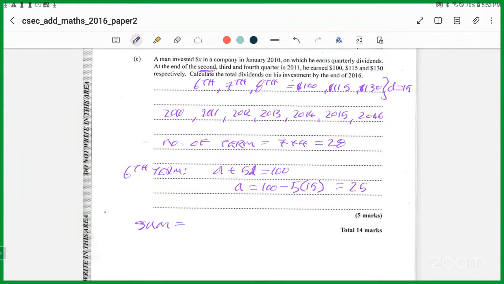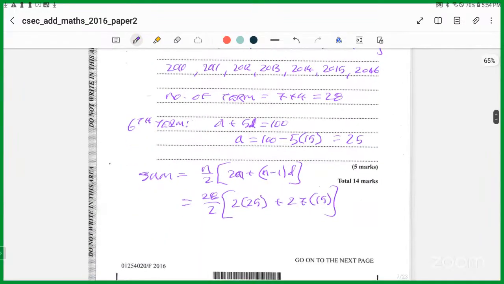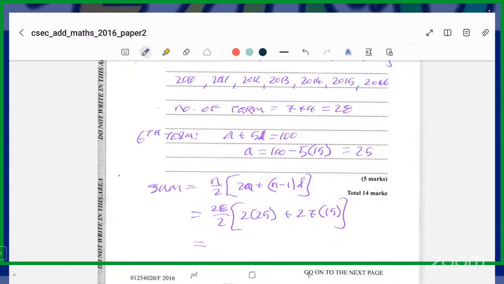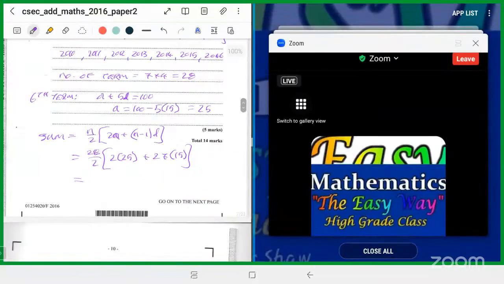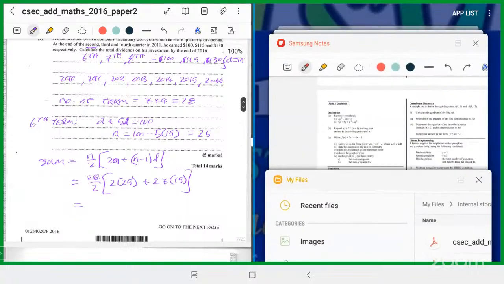So the sum, remember, is n over 2 into 2a plus n minus 1 d. The n, as we said, is 28 quarters, over 2, into 2a. 2 times a is 25 times 2, plus n minus 1 becomes 27 times d, which is 15. That's what we're working out for the sum, and we will have the sum of the dividends.